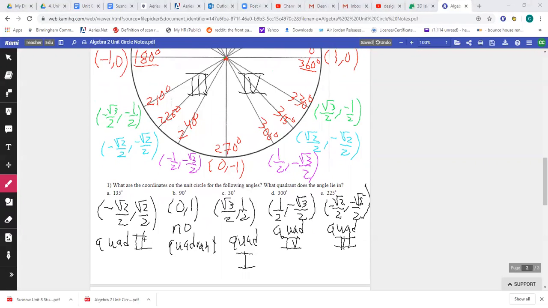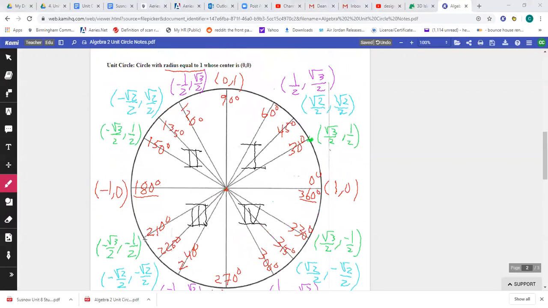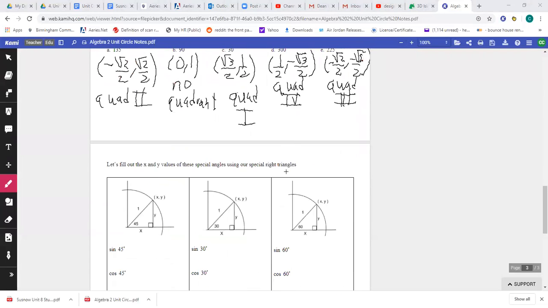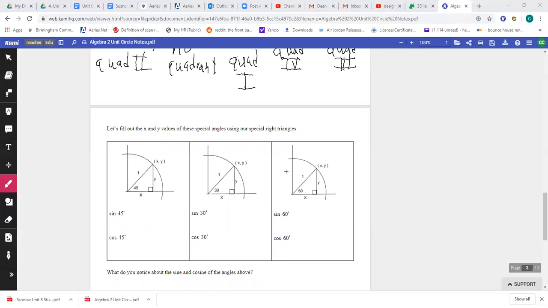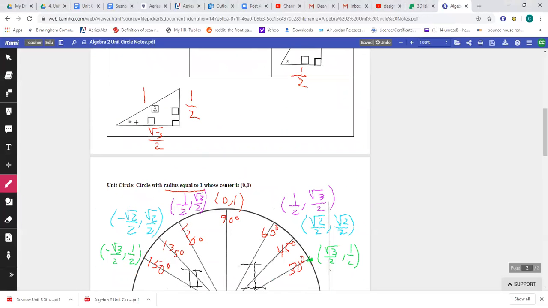Now, last thing, and this is also fairly simple. I'm going to copy the triangles that we had here. The 45, 45, 90 triangle, remember how it was root 2 over 2, root 2 over 2? Now, the 30-degree angle, so this is 30.